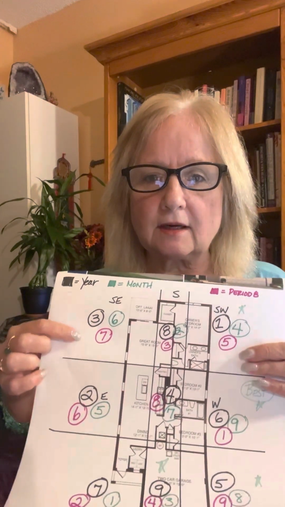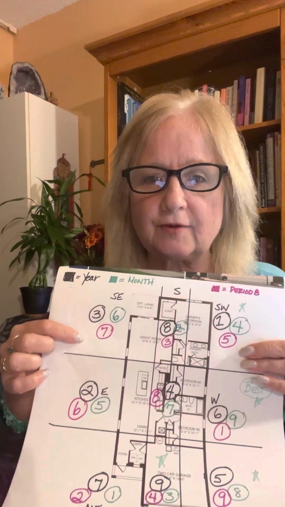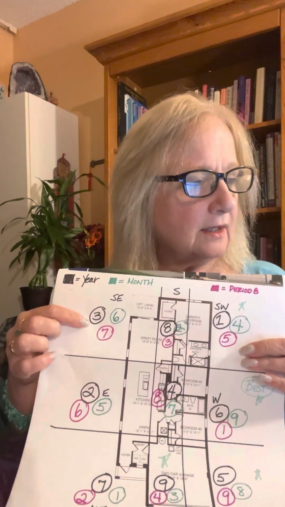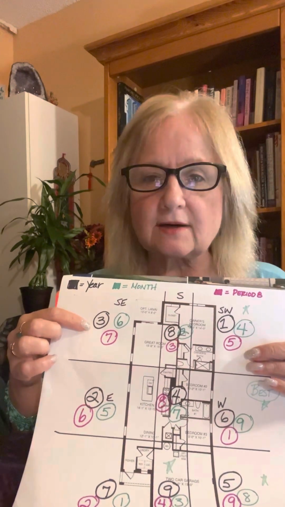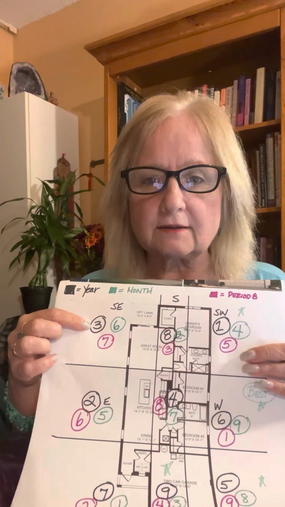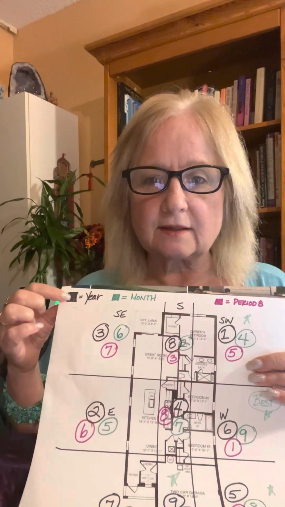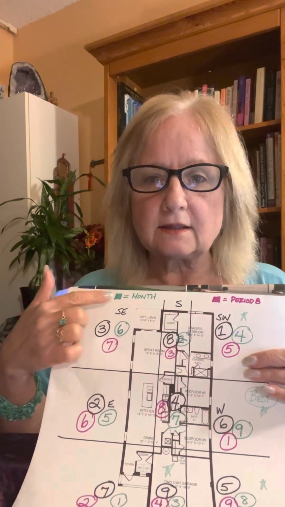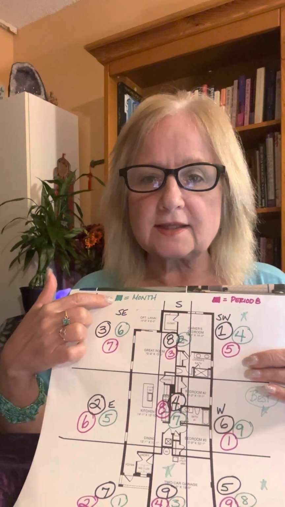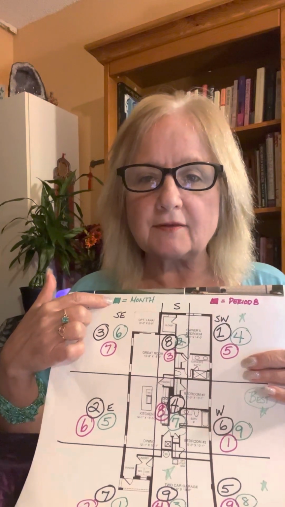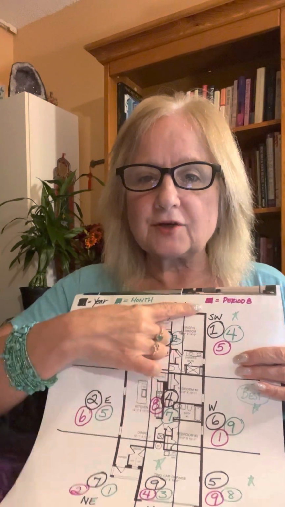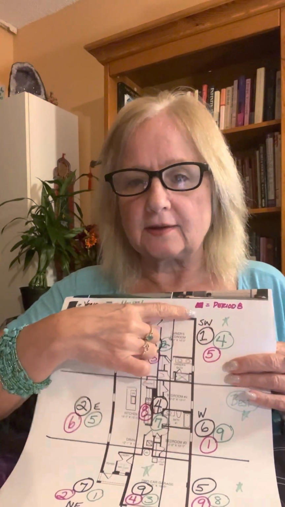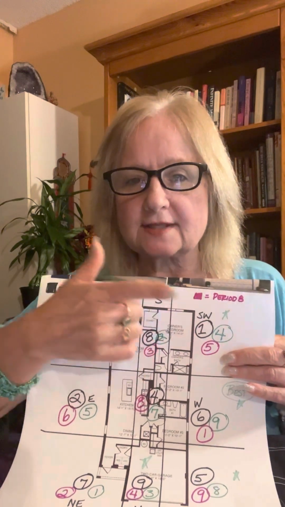So starting March 6th until April 5th, we have the influence of the 3-star. This is the yearly star, right? Because here's my legend. Black is yearly, and the green is the monthly changes that change every month. And then I have period 8 in red or pink, depending on what you're seeing.